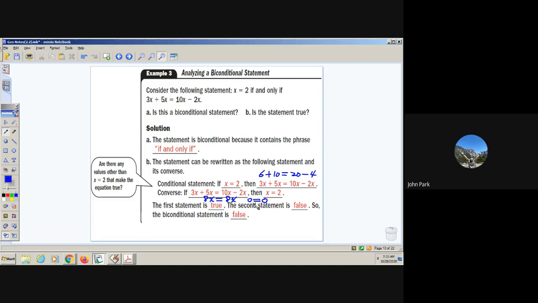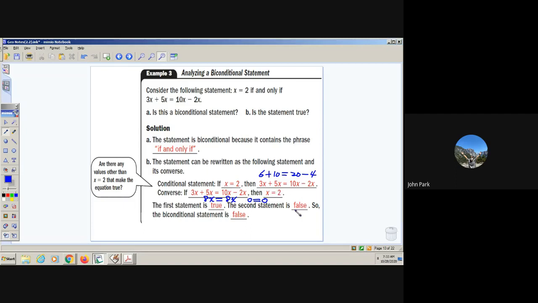This is still an identity, which means that the solution is going to be all real numbers, not just 2. So x could be 2, but x could be 3, x could be 4, 5, 6, 7. It could be all real numbers.